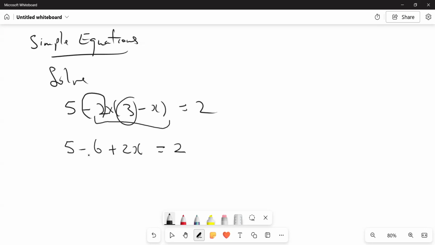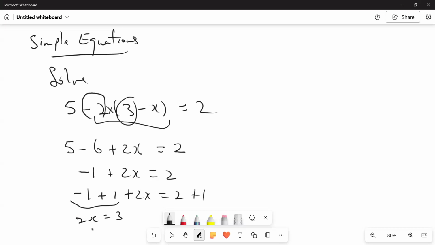So you can now simplify this. 5 minus 6 is minus 1 plus 2x equal 2. And then to get this 1 out of here, you can add 1 to both sides. So this gets rid of this, and you're left with 2x equal to 3.